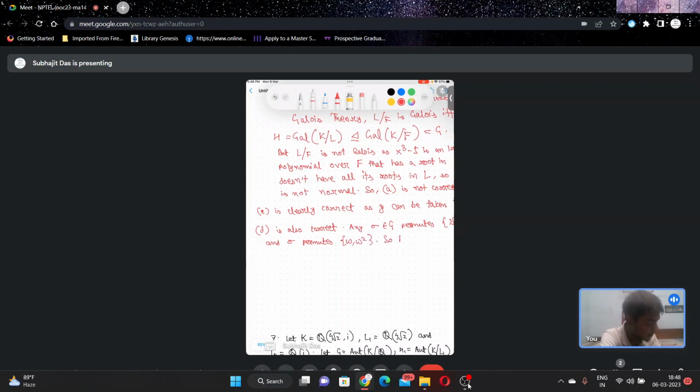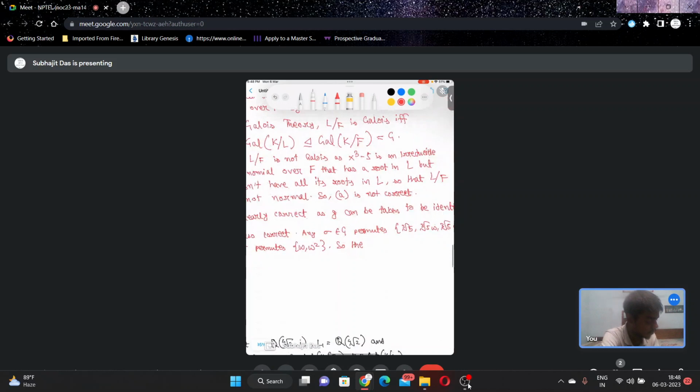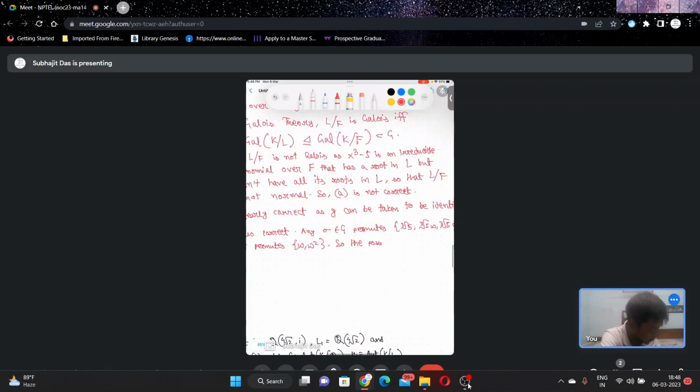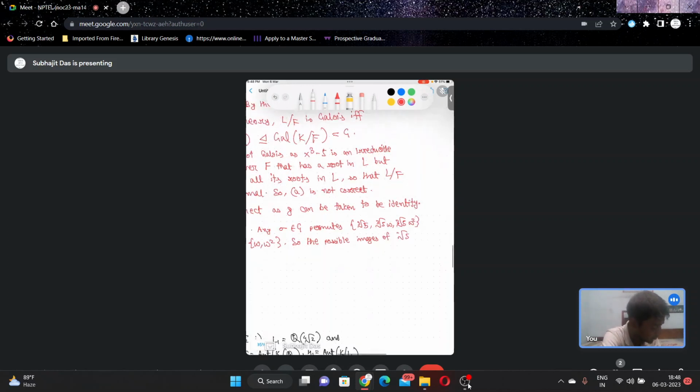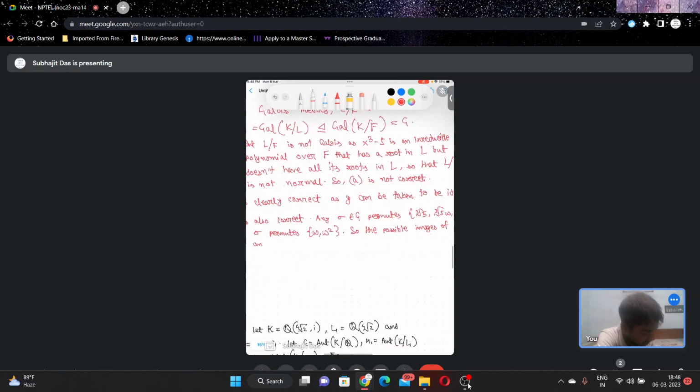So the possible images of cube root of 5 under any sigma in the Galois group are cube root of 5 itself, or cube root of 5 omega, or cube root of 5 omega square, right?